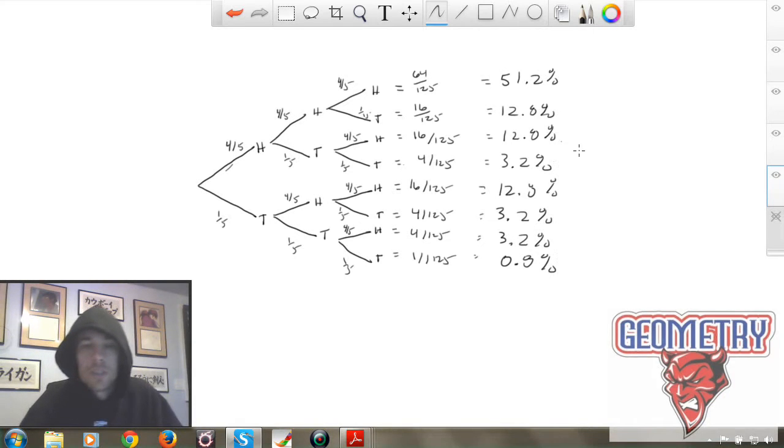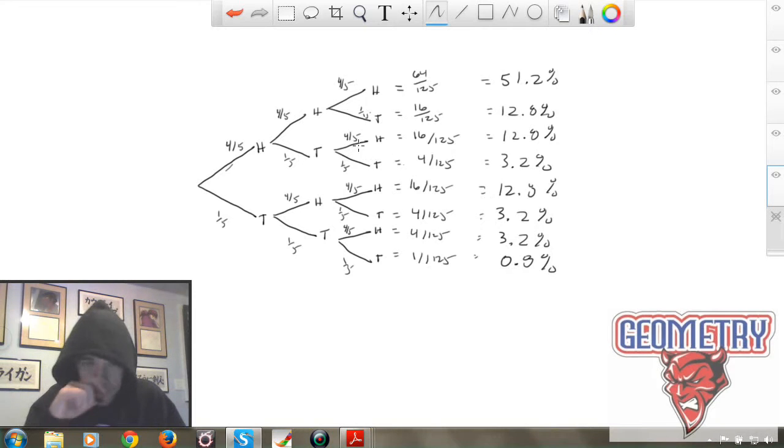Okay, so as we can see, these things are drastically skewed now. Before, the probability of getting 3 heads and the probability of getting 3 tails was the same. Now the probability of getting 3 heads is about 50%. The probability of getting 3 tails is less than 1%, it's a 0.8% chance, right?